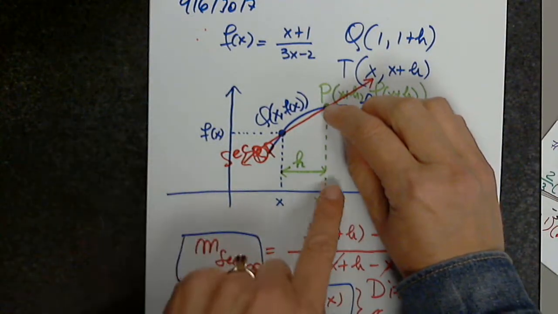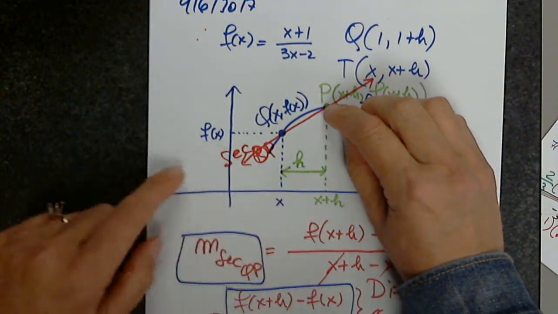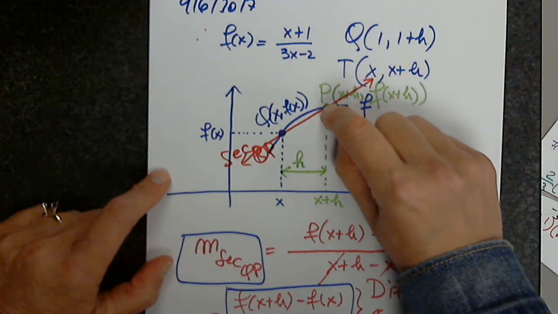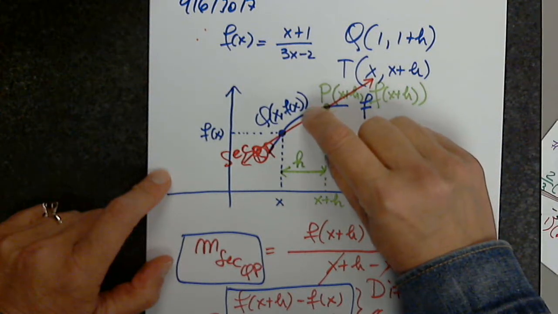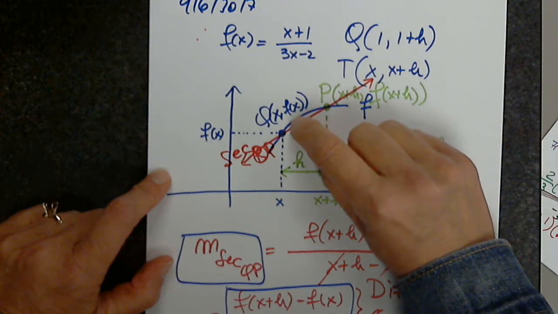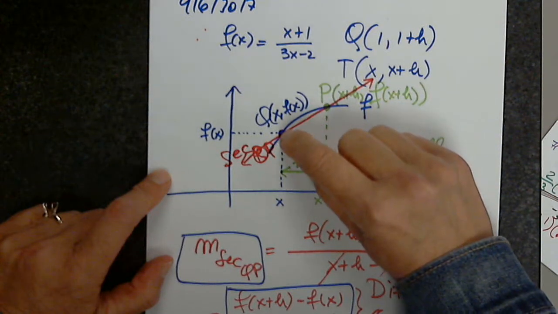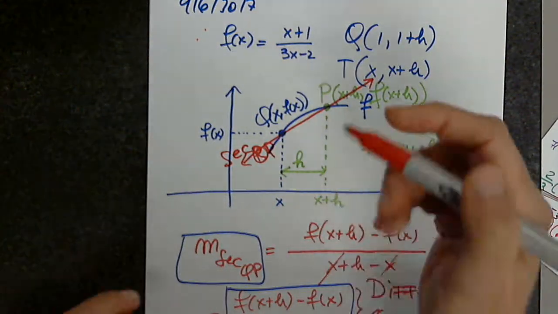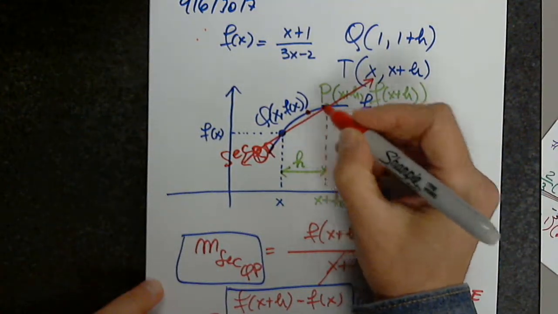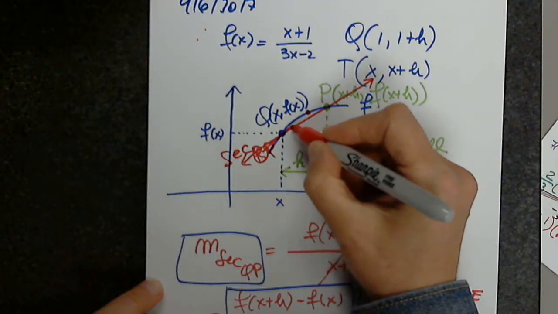So if h gets closer and closer to 0, what happens to P? Gets closer and closer and closer to Q.